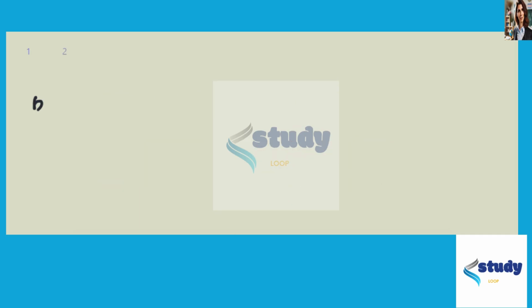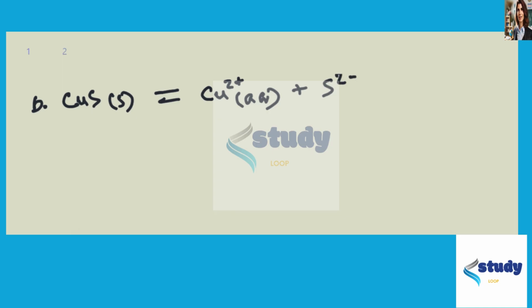Now for the second one, we have copper sulfide, which will dissociate as Cu2 plus and S2 minus.